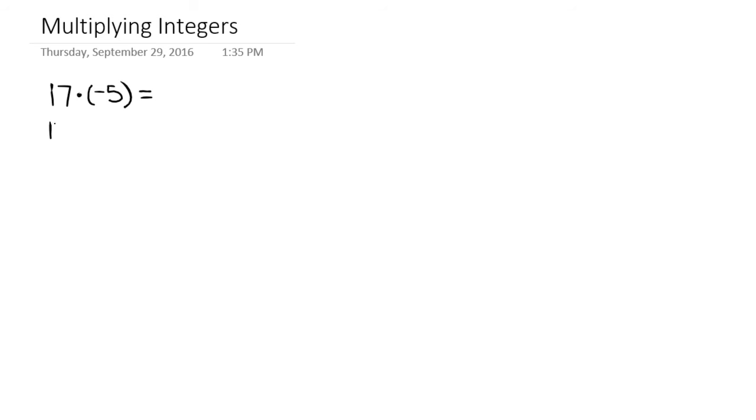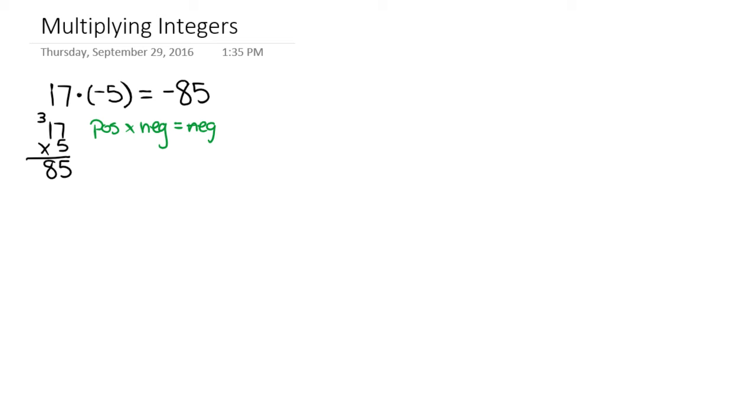So what we can do is take 17 times 5, and so 7 times 5 is 35, carry the 3, and 5 times 1 is 5, plus 3 is 8. So we would all together owe a negative $85. So what that tells us basically here then is that if we have a positive and we multiply it by a negative, it will equal a negative.